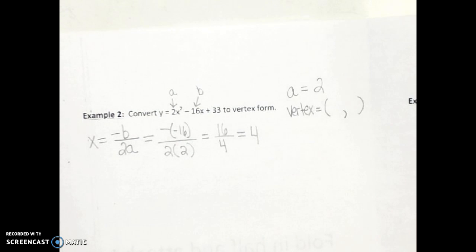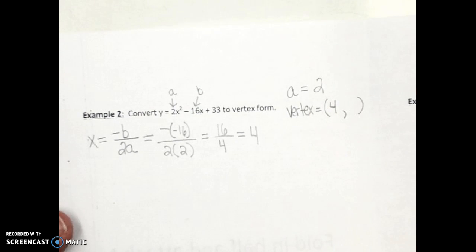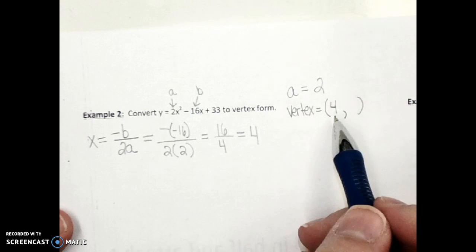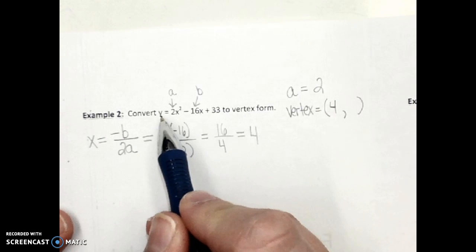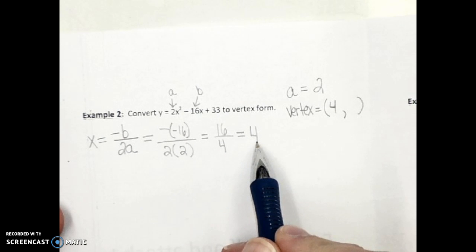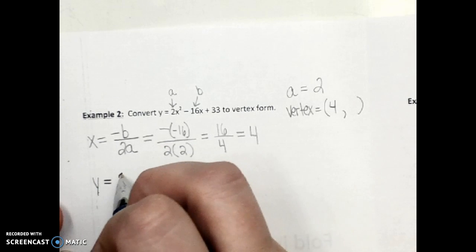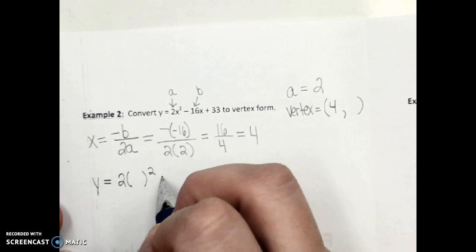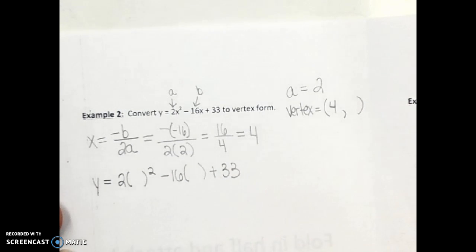And 16 divided by 4 is 4. So what did we just find? We just found the x-coordinate of the vertex. So I'm going to plug that there. That's my x-coordinate. I can't plot a point with only an x. I need a y. I know a function. I know the x value, so I'm going to plug that in. This is going to tell me y equals 2, and I'm going to put parentheses everywhere that has an x.